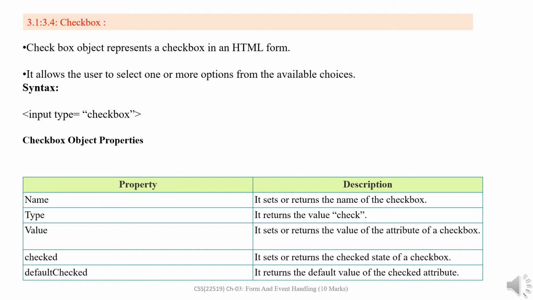The syntax is input type is equal to checkbox, and the properties of the checkbox object are: name, which returns the name of the checkbox; type, which returns the value checkbox; value, which sets or returns the value of the attribute of a checkbox; checked, which sets or returns the checked state of a checkbox; and defaultChecked, which returns the default value of the checked attribute.